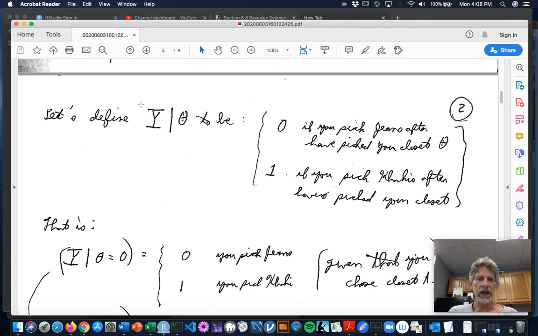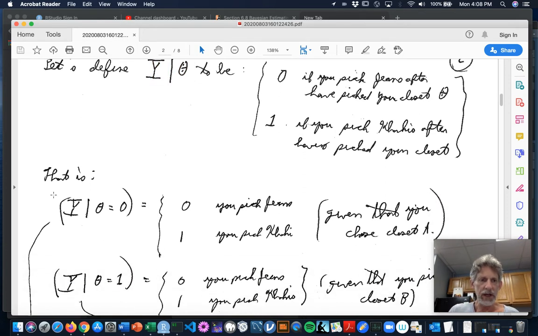Let's define capital Y given theta to be 0 if you pick jeans after having picked a particular closet, 1 if you pick khakis after having picked your closet. So actually there are 2 ordinary random variables here, each one depending on which closet you picked.